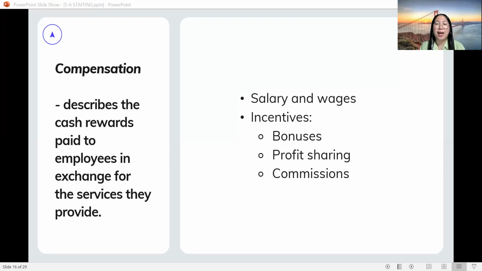So next naman natin is yung incentives natin. So incentives is a compensation that can be divided into salary benefits and incentives. So salary and benefits must be competitive.